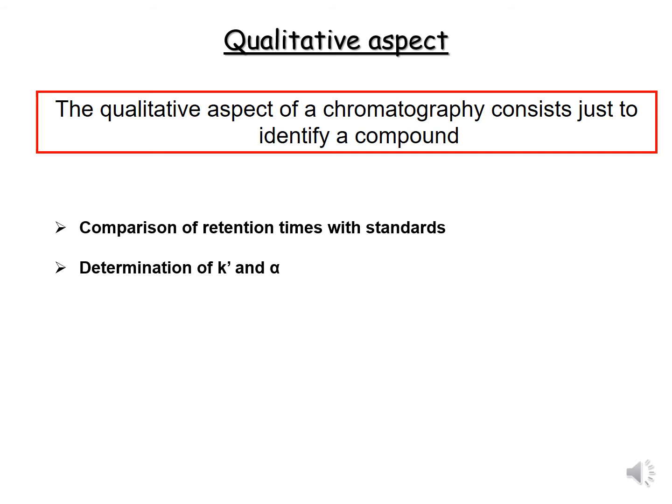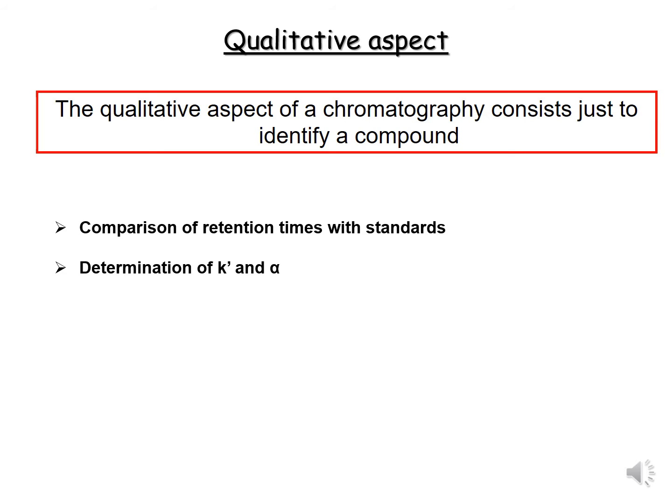So to perform that in chromatography, we obtain the results on the retention time, and then we compare the retention time with standards. It means that if I have the separation of 3 or 4 compounds in a sample, I have a peak. If it is, for example, in UV, I just have a peak, and then I don't know if it is my compound or another compound.